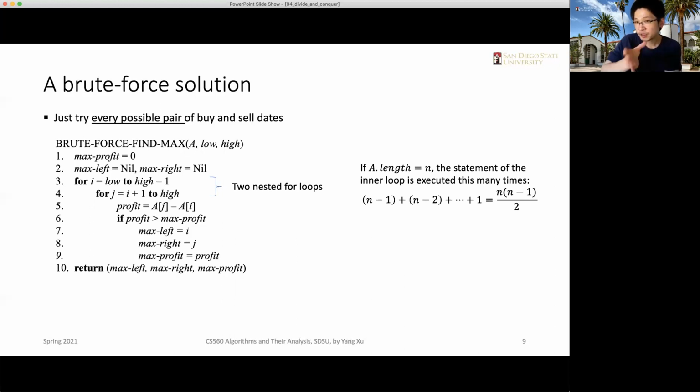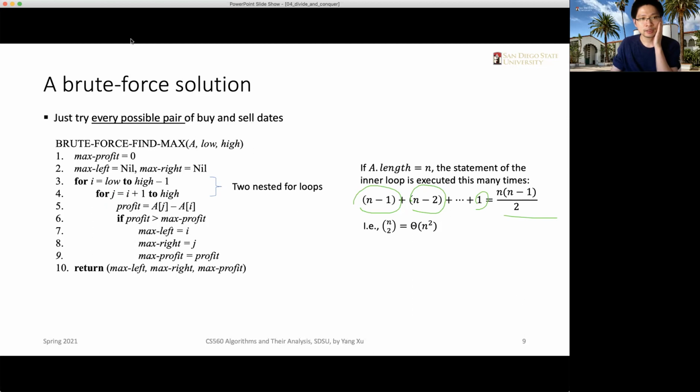If the input has n numbers, the inner for loop will be executed that many times. The first inner loop will be executed n-1 times, plus n-2, and so on down to 1. This is a summation of an arithmetic series, which gives us a quadratic running time solution, okay?